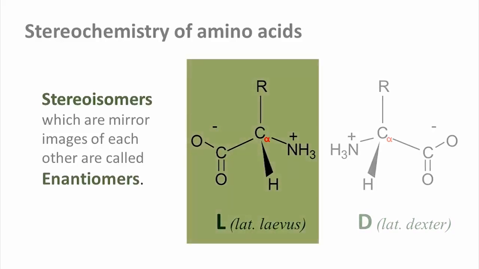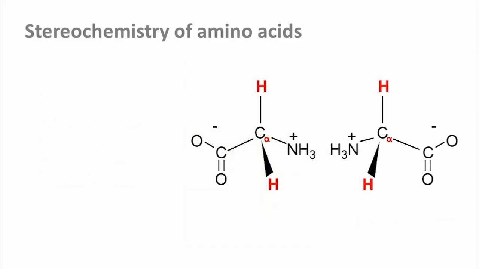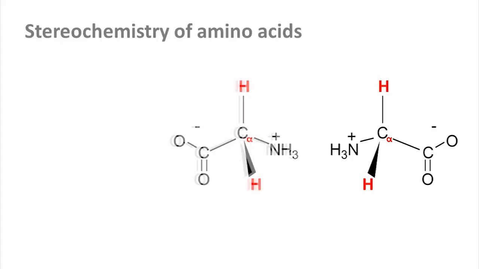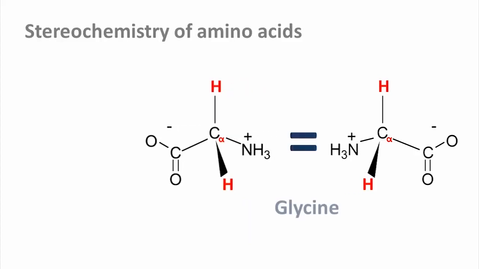D amino acids are not rare in nature, but we don't understand their functions well. Where they are part of a peptide, such as in some bacterial cell walls, those peptides are not synthesized in ribosomes like all other proteins. The only amino acid that does not come in 2 enantiomeric forms is glycine. Because of the 2 bound hydrogen atoms, its C-alpha is not chiral.